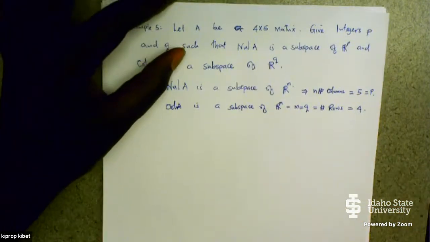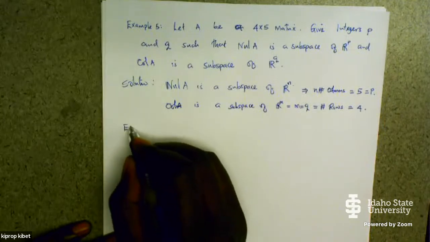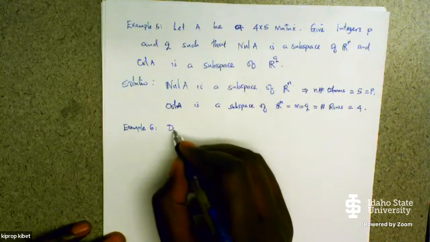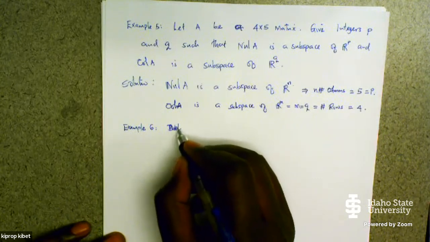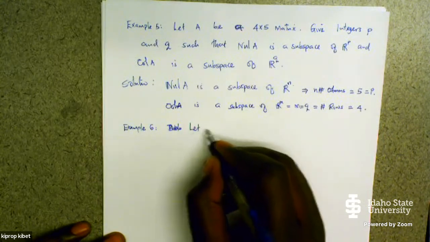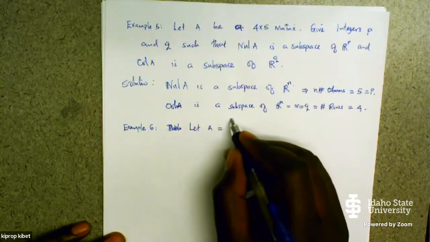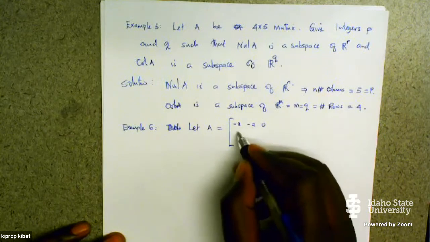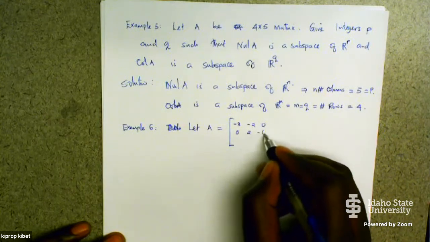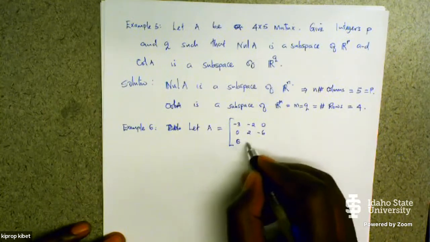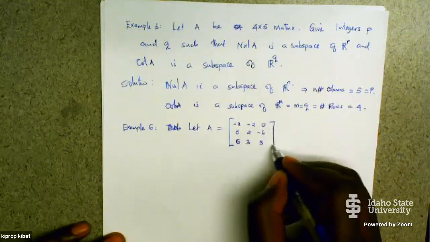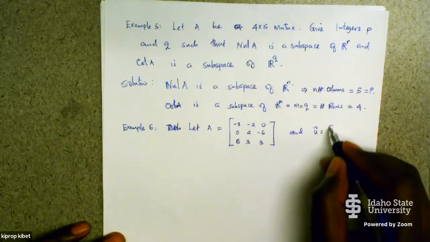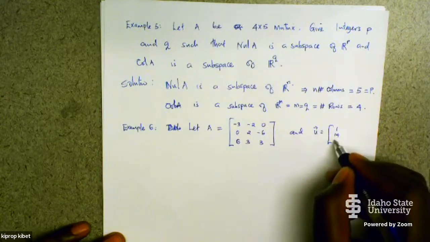Another example, number 6. Let A be equal to the matrix with rows -3, -2, 0; 0, 2, -6; 6, 3, 3, and U equals 1, 14, and -9.